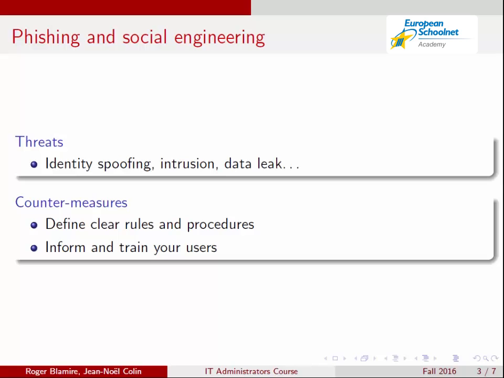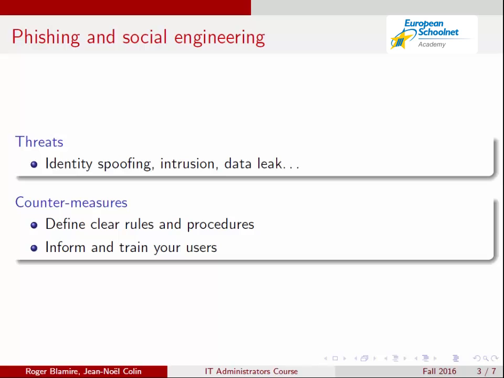So really train them about the challenges, the ways those attacks are carried out, and also define clear rules. If there is no rule, no one knows how to behave. If you have clear rules and clear procedures, then everyone knows how to behave and how to react to any suspicious activity.